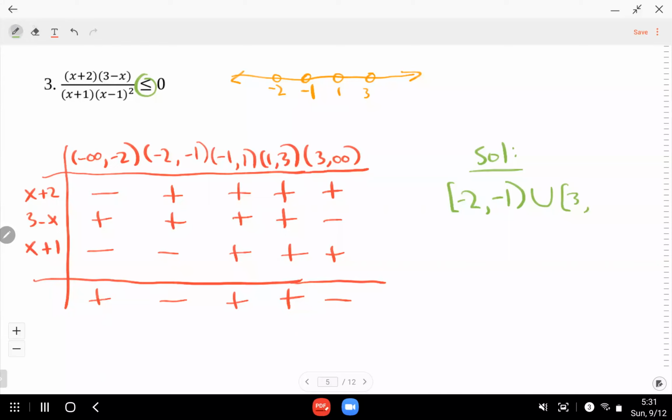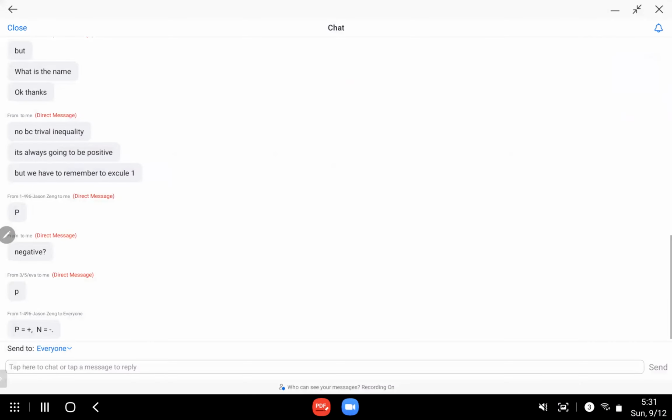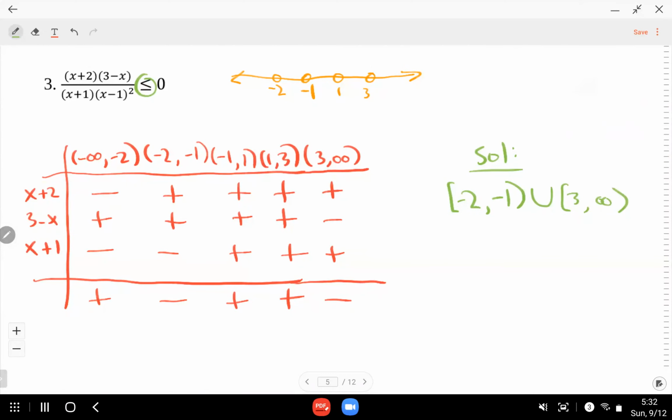And of course, infinity is always not included, right? Since it's an intangible thing, you don't know the end of infinity, so you just can't include it. All right, so I hope everybody understands this concept of using the sign chart to solve.